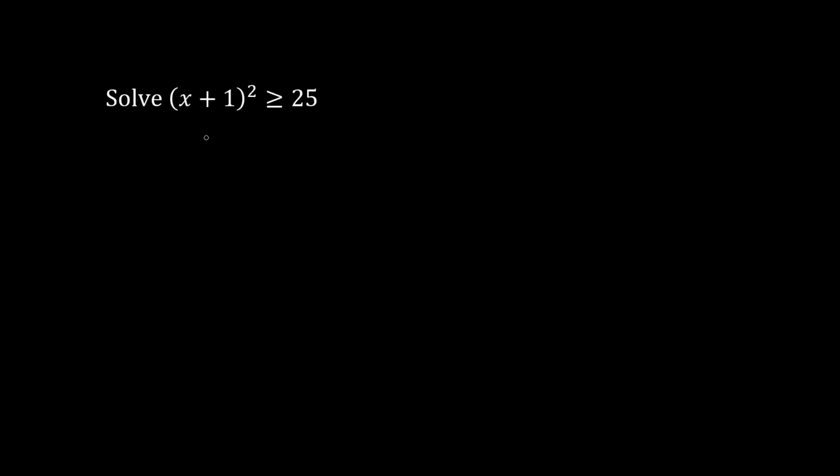Let's solve this quadratic inequality. We treat this x plus 1 as a. And recall that when we have a squared greater than or equal to 25, we draw a number line and take the square root of 25, which is either 5 or negative 5.